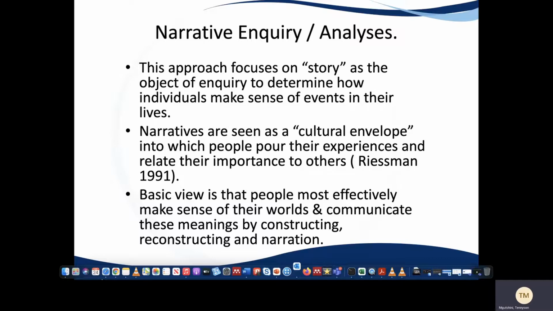We said that ethnography was focused on the culture or the social group. Narrative inquiry is focused on the story. And it focuses on how individuals make sense of events in their lives. So basically how this approach works is that, or the assumption that it works from is that it is not what I tell you that matters, it is how I tell it to you.